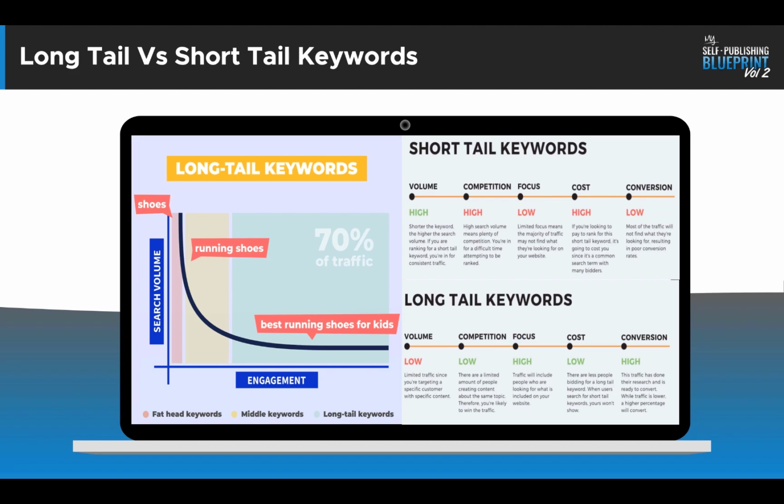Cost is low, because there will be fewer people bidding for a long tail keyword. When users search for short tail keywords, yours won't show. And conversions are going to be high. This traffic has done their research and is ready to convert. While traffic is lower, a higher percentage will convert. And that's ultimately what we're looking for.